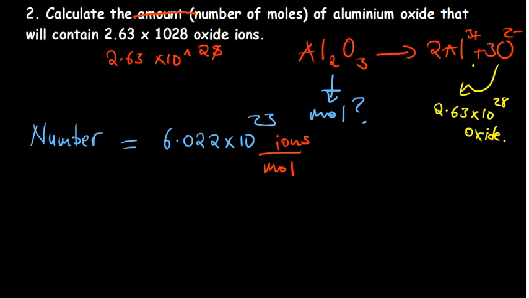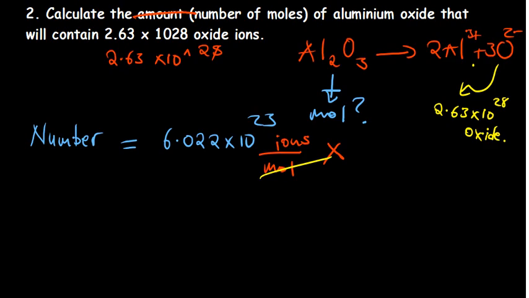We multiply the Avogadro's constant by the number of moles so that this part can actually cancel out. That's what we basically get to do.